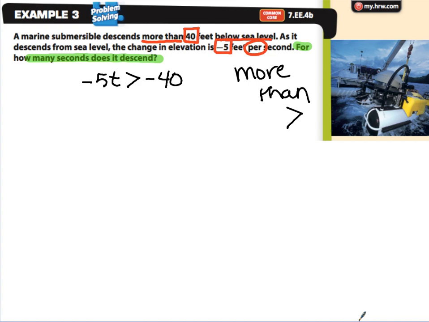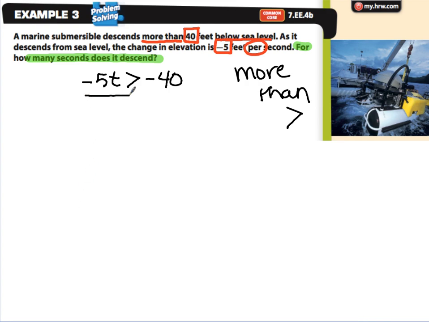So what it's asking you is how many seconds did it descend for if it went -5 feet per second and it went more than 40 feet? How many seconds did it have to go for? We're not asking how far did it go, but how many seconds did it have to go for in order to go more than 40 feet?